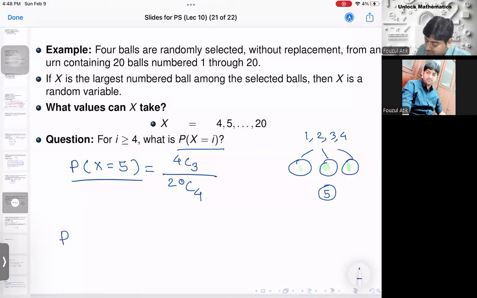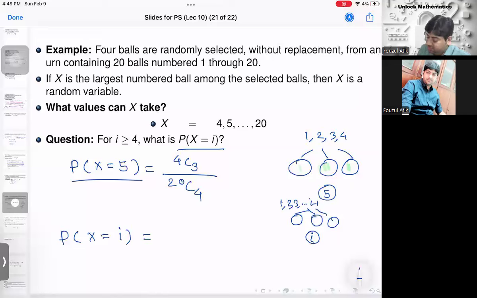Now think: what is P of X equal to i? Among these four balls, the maximum number is i. So the other balls can take the numbers 1, 2, 3 up to i minus 1. You have three balls, and these three balls will get any number between 1 and i minus 1.